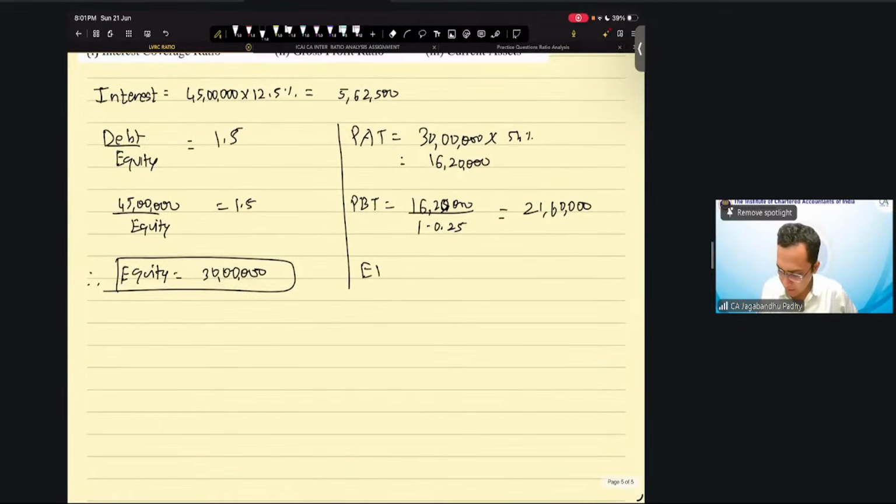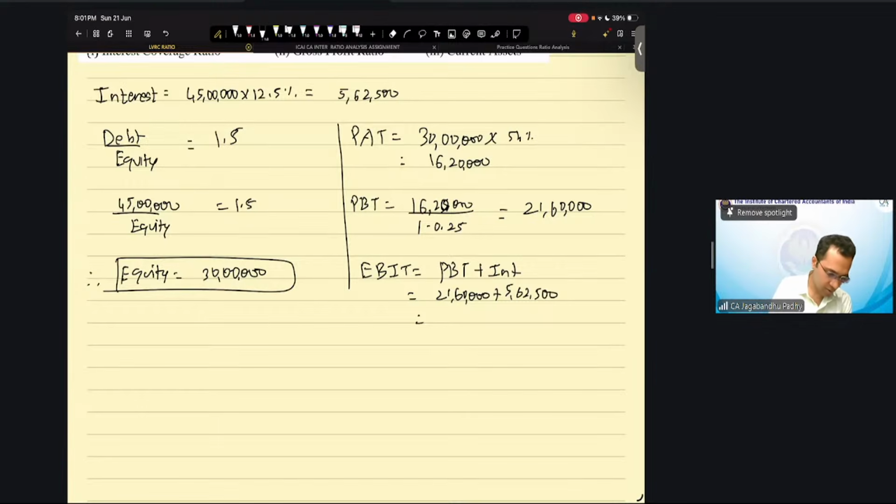I can get the EBIT as PBT plus interest. PBT is 21 lakh 60,000, and on that we add the interest of 5 lakh 62,500. So we get the EBIT value as 27 lakh 22,500.